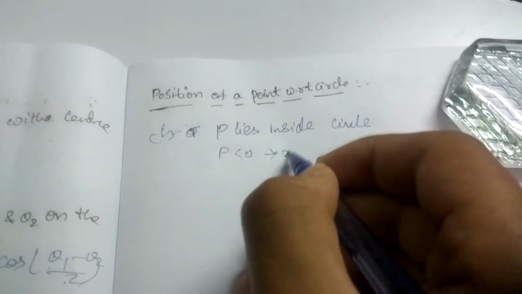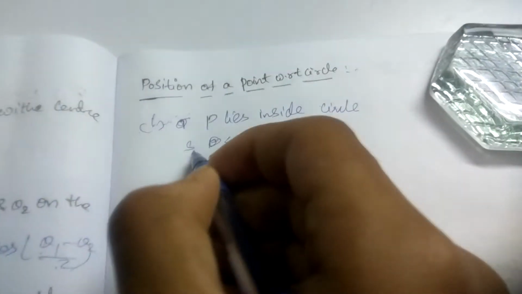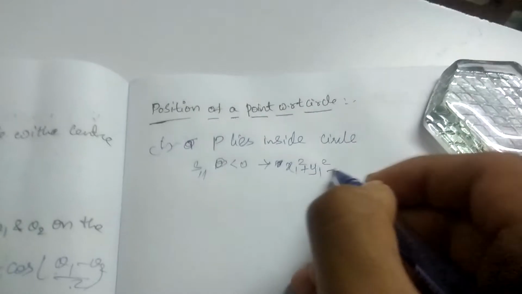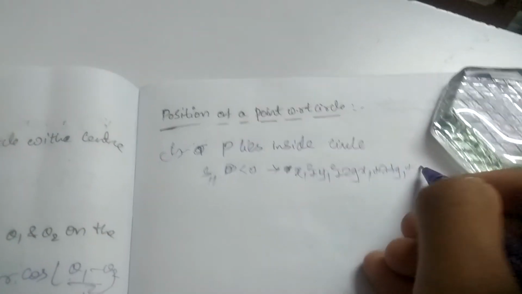That implies x1 squared plus y1 squared plus 2g x1 plus 2f y1 plus c is less than 0.